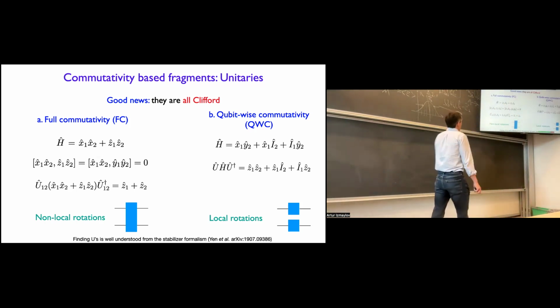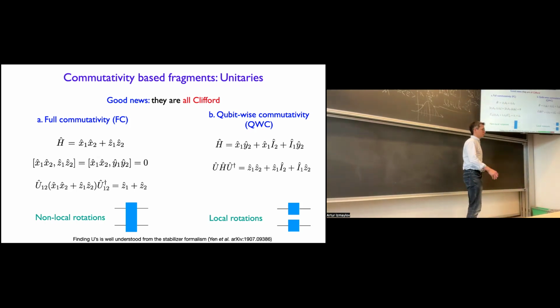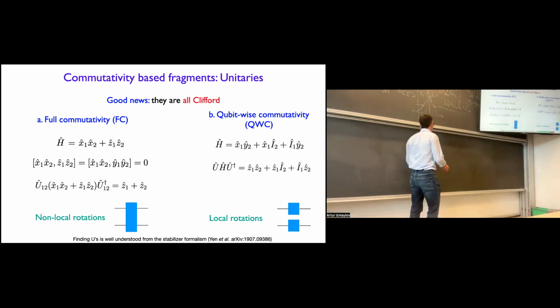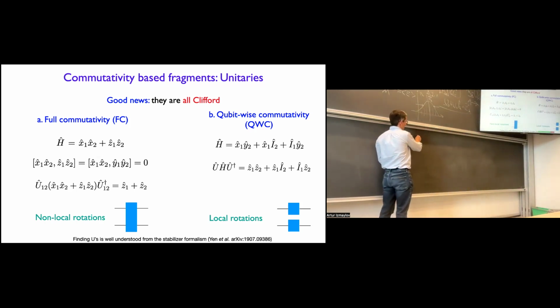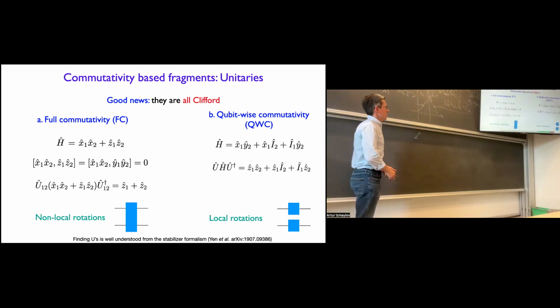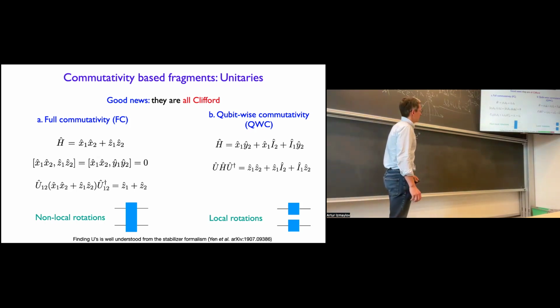And generally, full commutativity gives you, if you think about it, how many Pauli products can commute in general. In the case of qubit-wise commutativity, that would be 2 to the n, while in the case of full commutativity, it's generally 3 to the n.